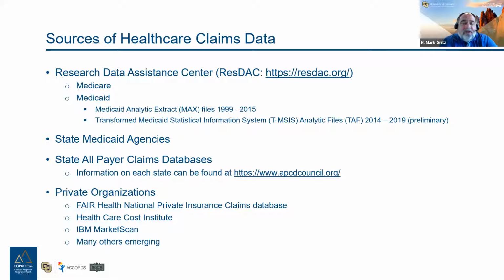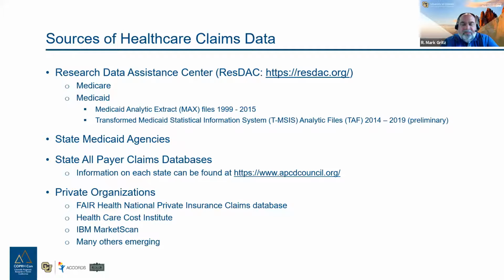Another source of healthcare claims data, again for Medicaid, is from individual state Medicaid agencies. The advantage of the ResDAC Medicaid data is it covers all states nationwide, whereas if you work to get claims data from an individual state Medicaid agency, it's going to be one state at a time.